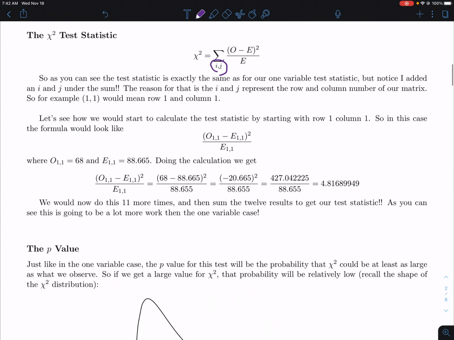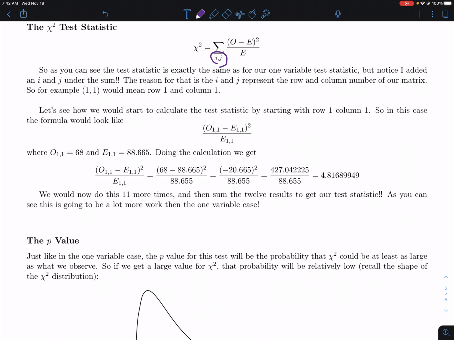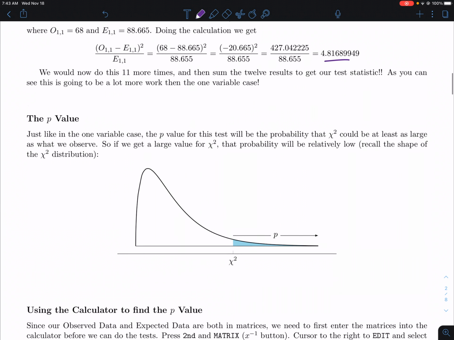So then you'd go through and do 68 minus 88.665, all over 88.665. Oops, some typo there. And then divide them out, and this would give you that first position. And then you'd sum all those together. So a lot of work goes into trying to do these by hand for certain, just to give you an idea of how much work goes into these. A little trickier.